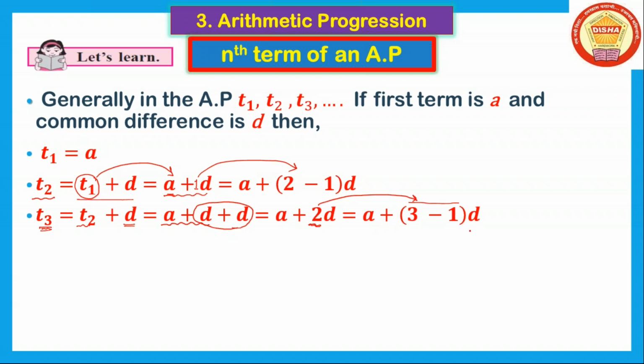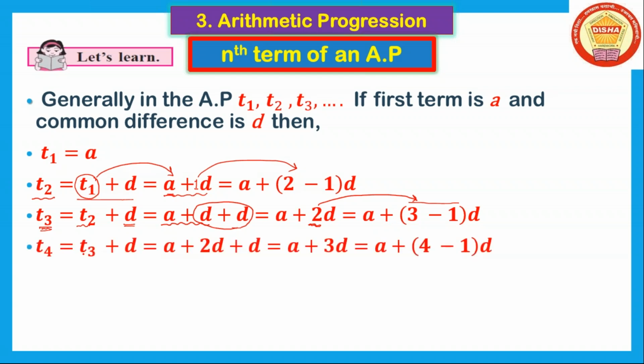Okay, then we find fourth term. Fourth term is equal to, we added here common difference in third term, and third term already we find here, which is equal to A plus 2D. I am taking here T3 means A plus 2D and plus D as it is.